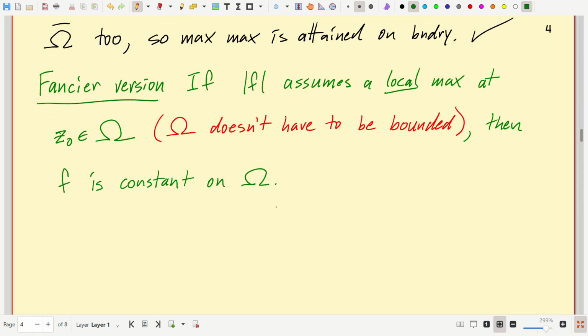And the proof is going to involve an ingredient we don't have yet, and that's why I'm not doing it today.